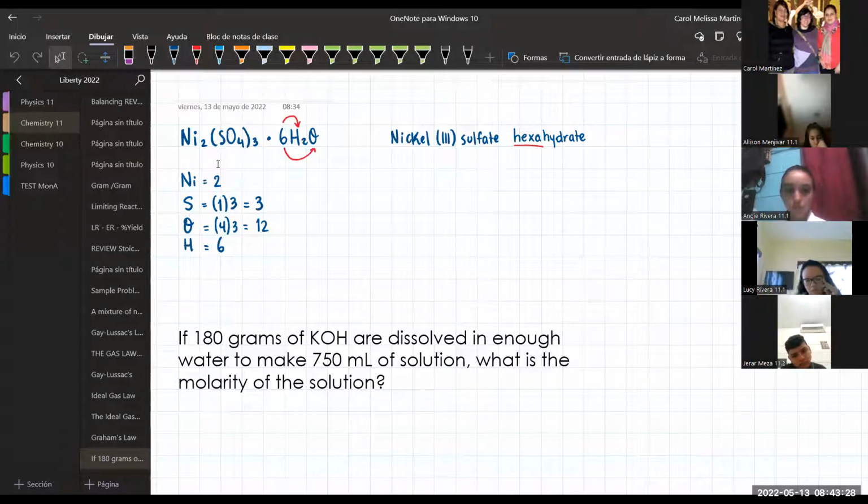In total, I have 12 hydrogens. And for oxygen, it's going to be my coefficient 6 times the invisible 1. So my coefficient 6 times the invisible 1, 6. And I multiply times the atomic masses of each. Okay?